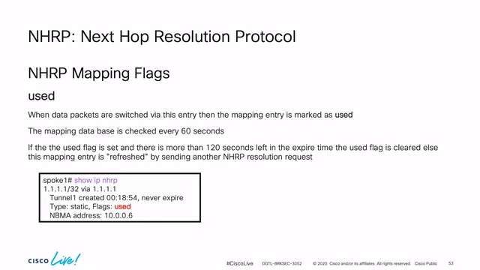In this particular example, you would see that the mapping entry for 1.1.1.1 to 10.0.0.6 was actually used to switch data packets.